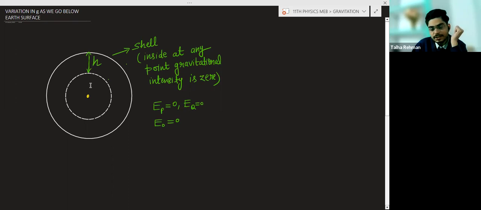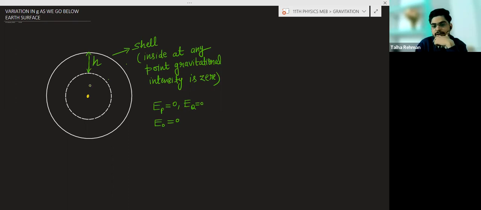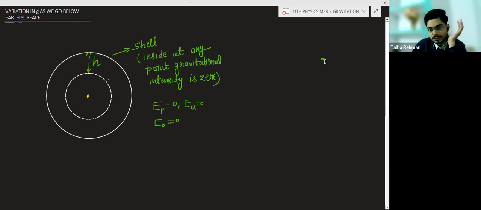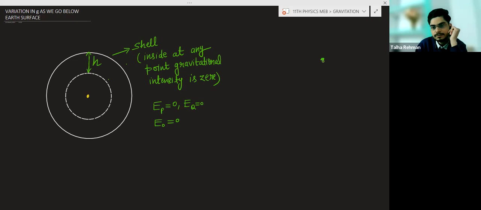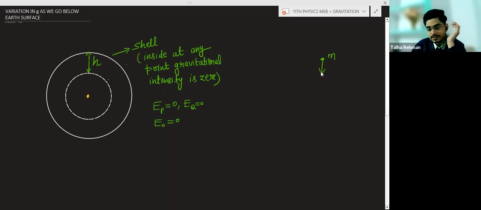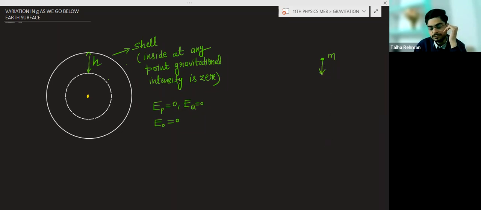To find the acceleration due to gravity at any point, what do we do? Suppose here I want to find it. I will take a mass m here. On this mass m there will be the force due to Earth. Earth will attract this mass with a force, and that is also the weight, mg.